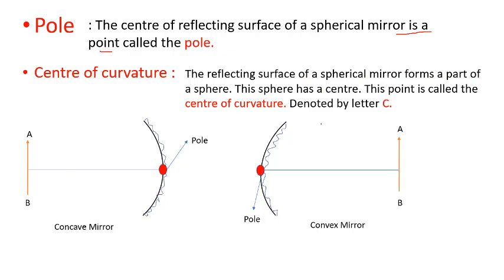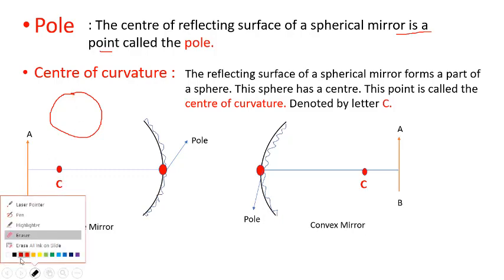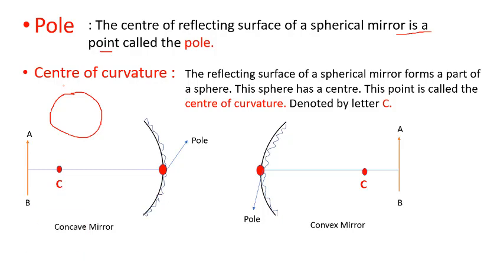This point is called the center of curvature, denoted by C. So we know if this is the sphere, and we cut it in this way, then here it is the pole.